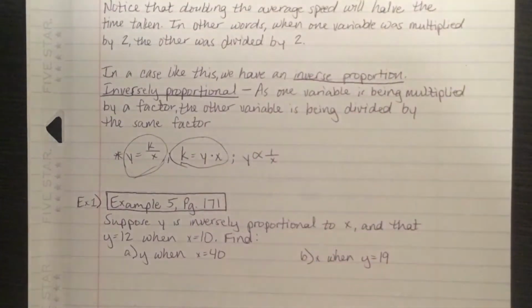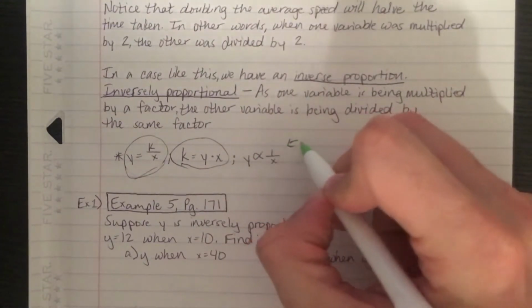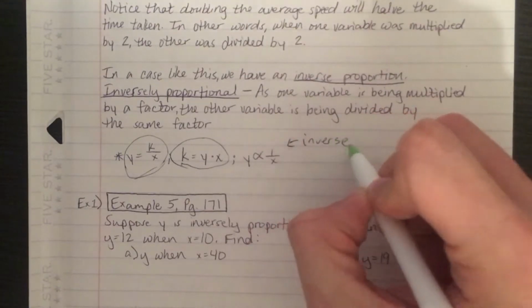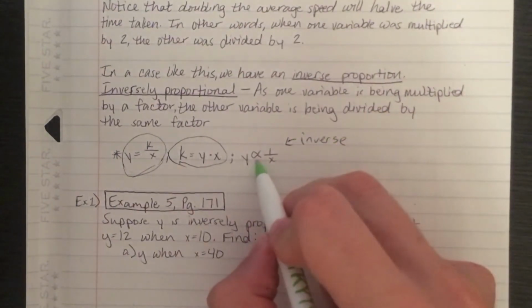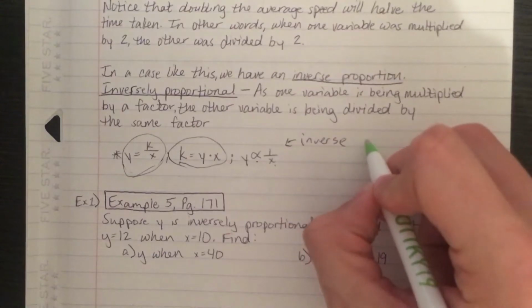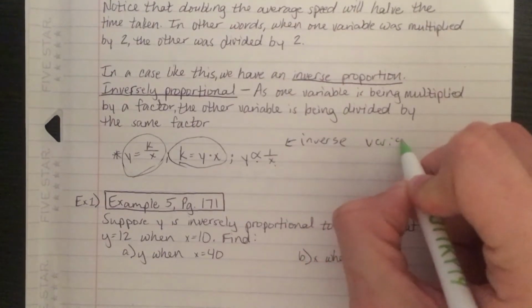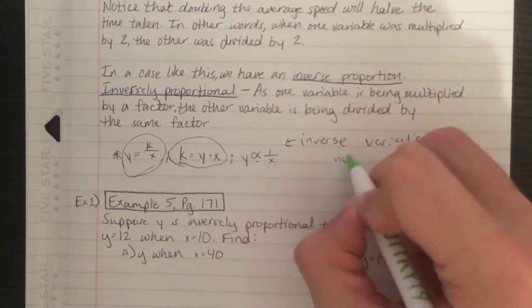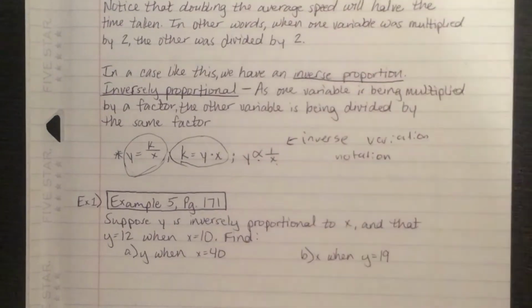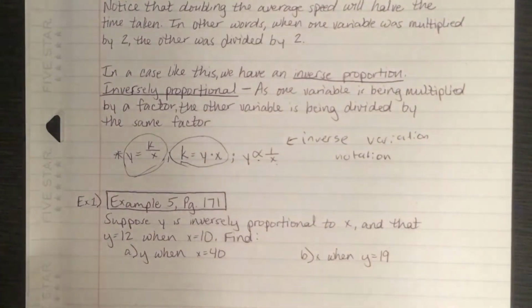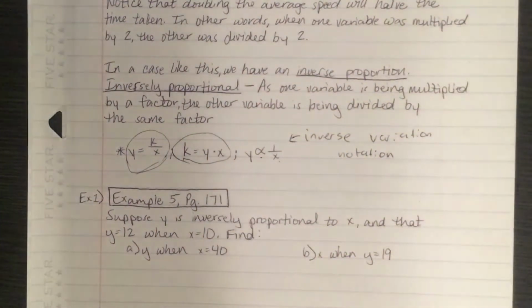And then the notation for how we say inverse variation is right here. You say y varies inversely with x. Inverse variation notation.